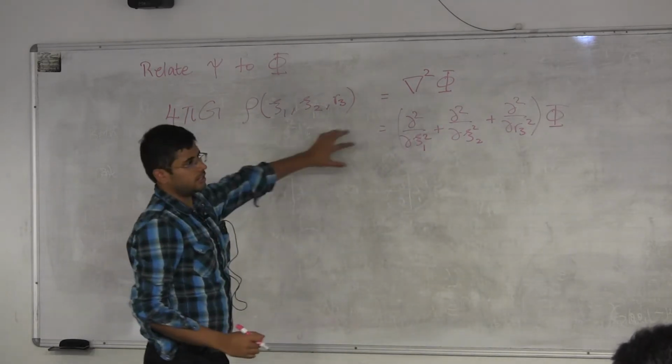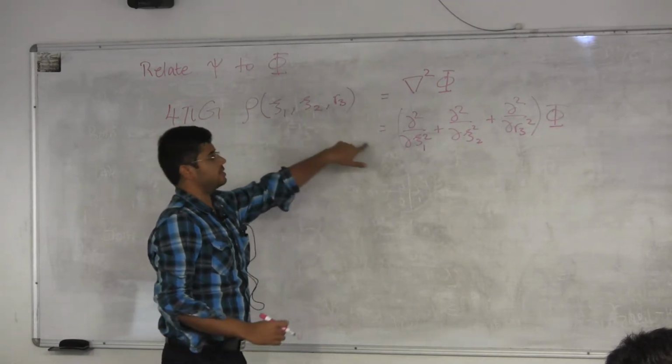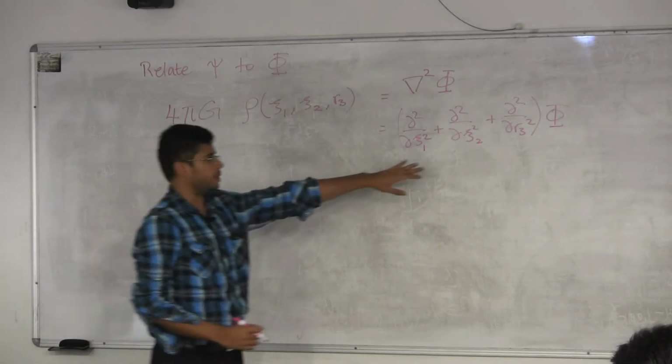So I've just written Gauss's law with all the parameter dependence explicit, and I've expanded the Laplacian.